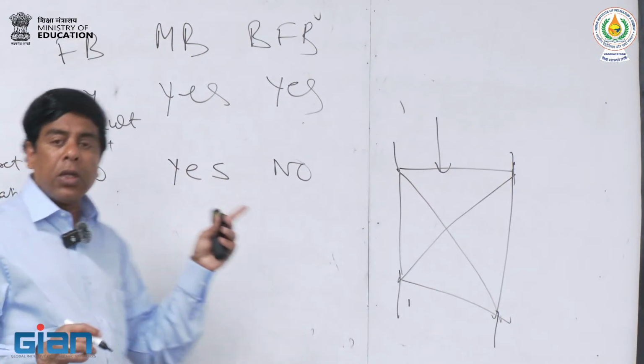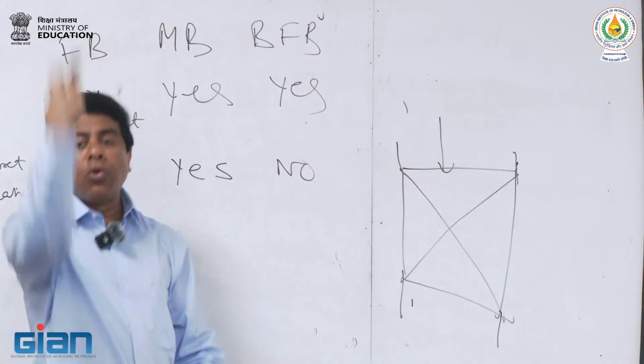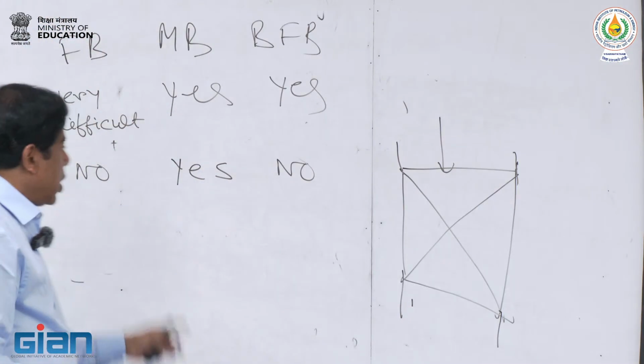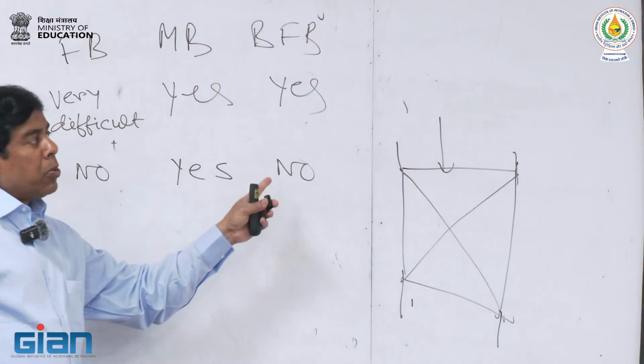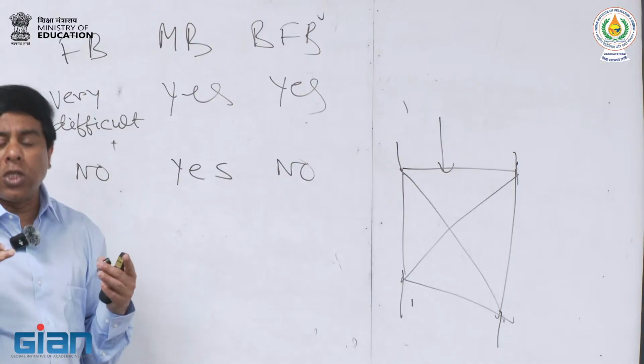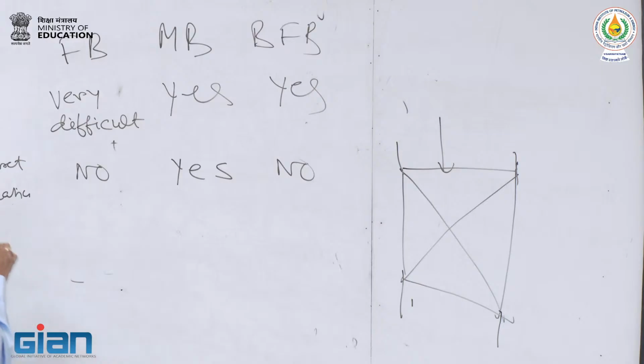For heat exchangers, counter current gives the best heat recovery you could get. But because the fixed bed is fixed, you cannot achieve it. With the moving bed you can, because the solids come in at the top and flow down, and the gas flows from the bottom. So you get counter current flow there. In the bubbling fluidized bed, because the bed is so agitated, you cannot really achieve this.